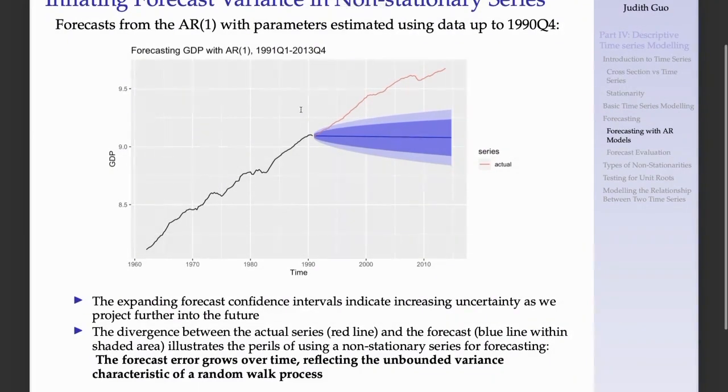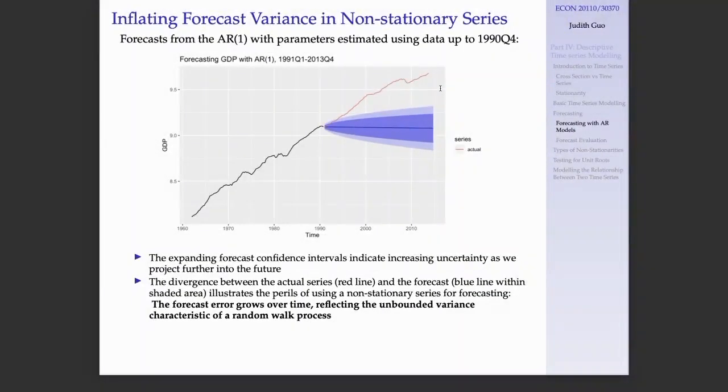We can also see that the difference between the red line and the blue line is getting larger and larger, which means the forecast error is growing unboundedly, and this would lead the forecast variance to grow unboundedly as well. So this illustrates the danger of attempting to use non-stationary data to do forecasting.